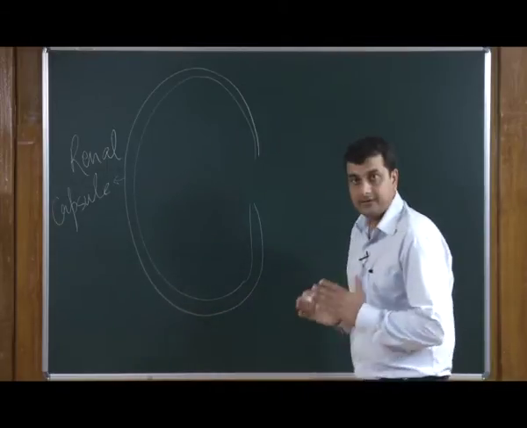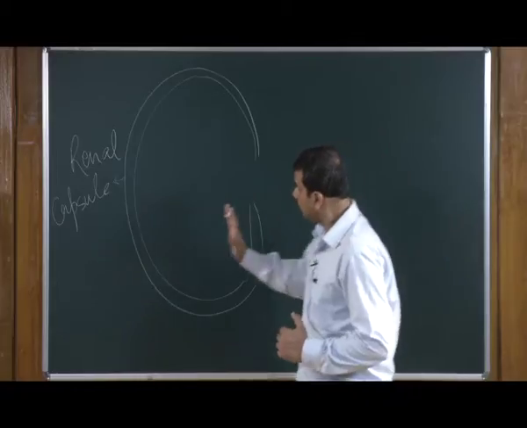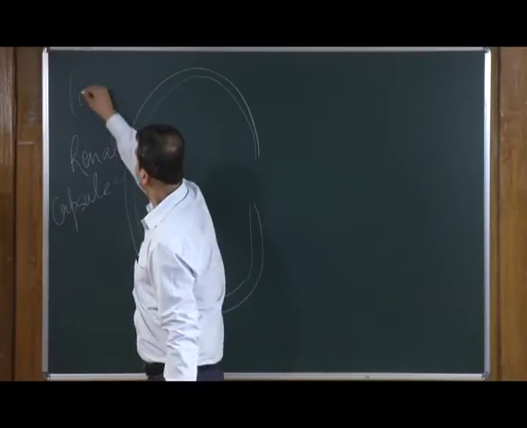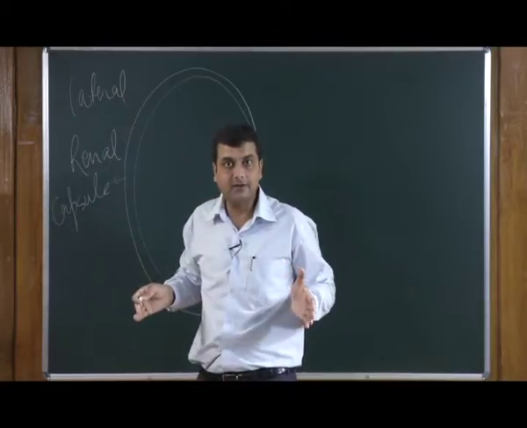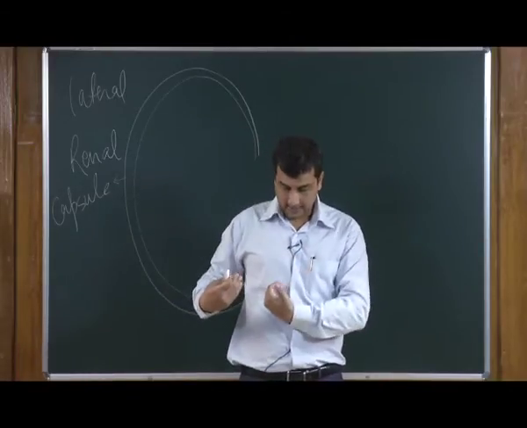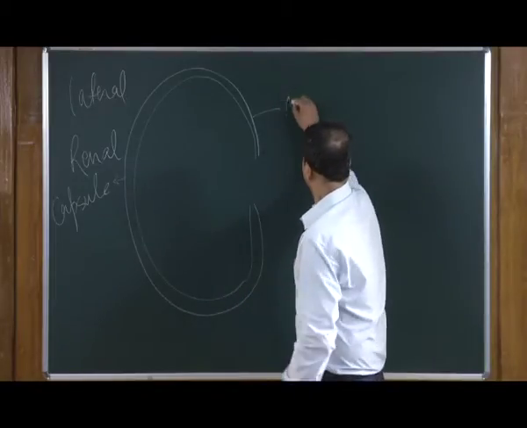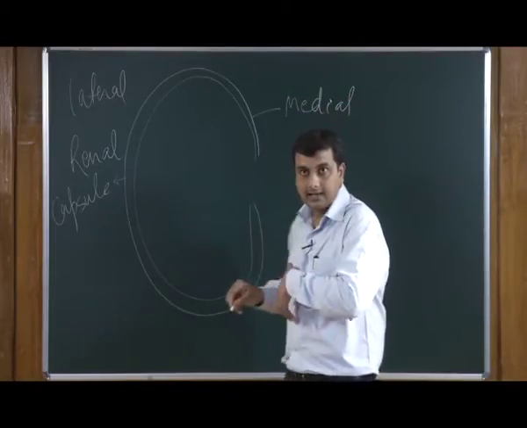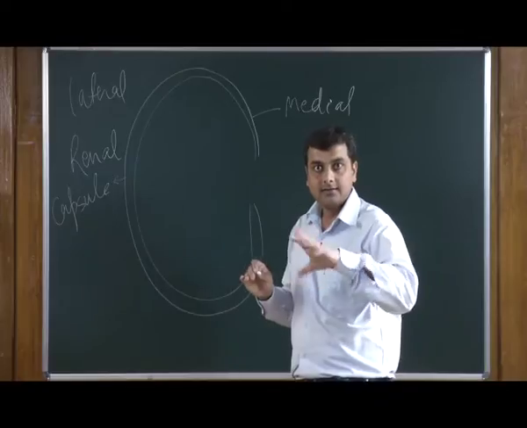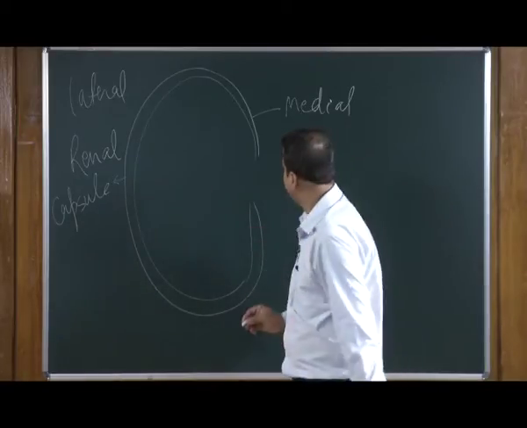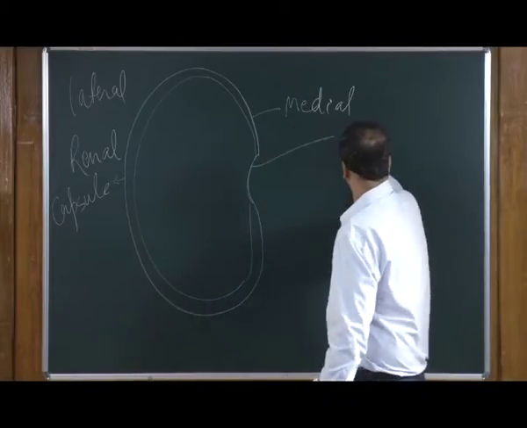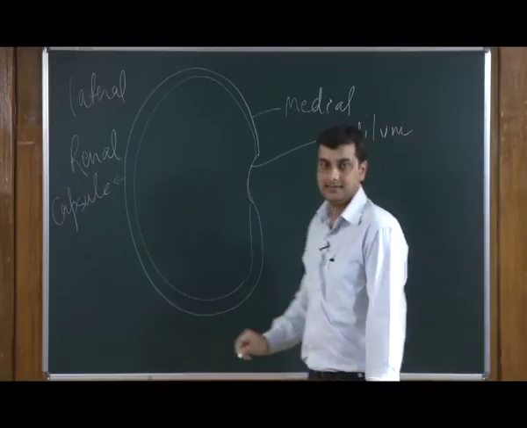Now, if we look at the structure here, this is the body cavity. This is called lateral. Lateral means towards the periphery. Suppose this is the kidney here, this is called lateral, and towards the body cavity, this is called medial. So medial is towards the center. The medial side, the side towards the body cavity, has a depression, and this depression is called the hilum or hilus.